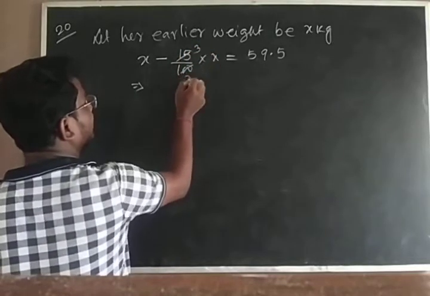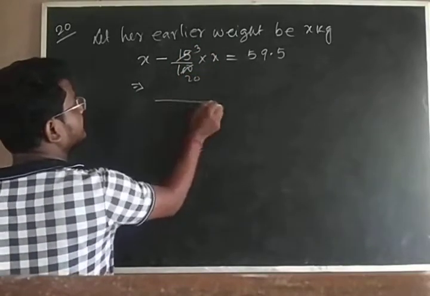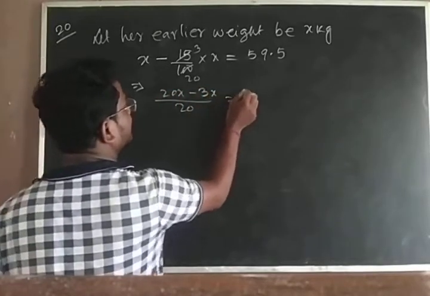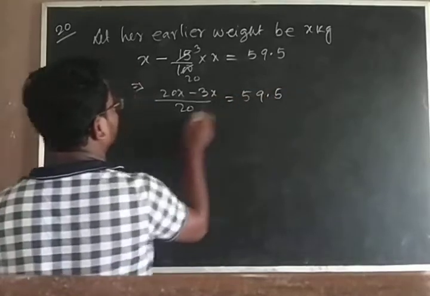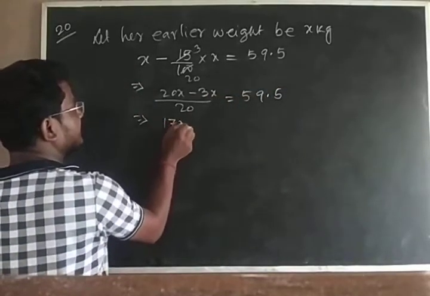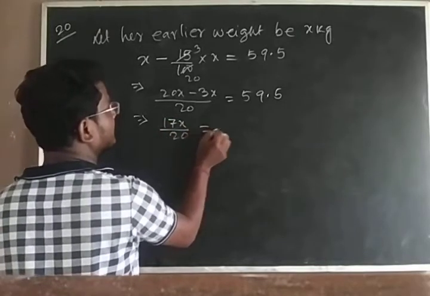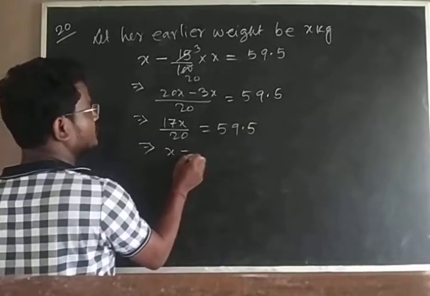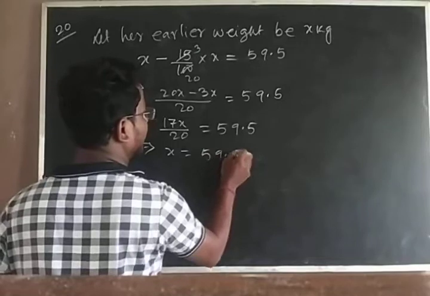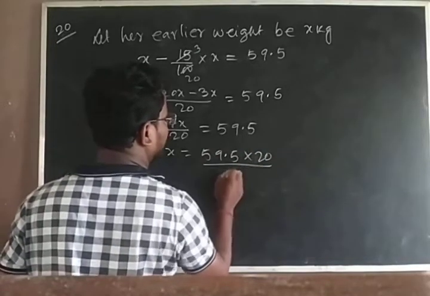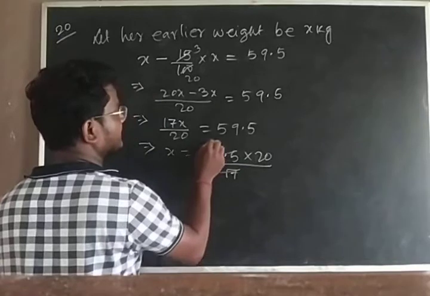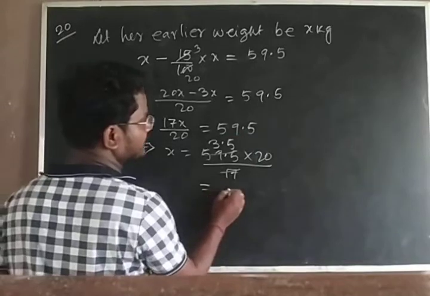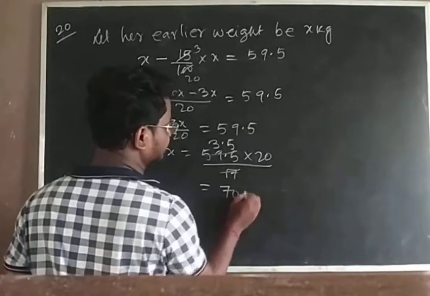5 3 5 20, that is 20x minus 3x equal to 59.5, or 17x by 20 is equal to 59.5, or x equal to 59.5 into 20 by 17, that is 70 kg.